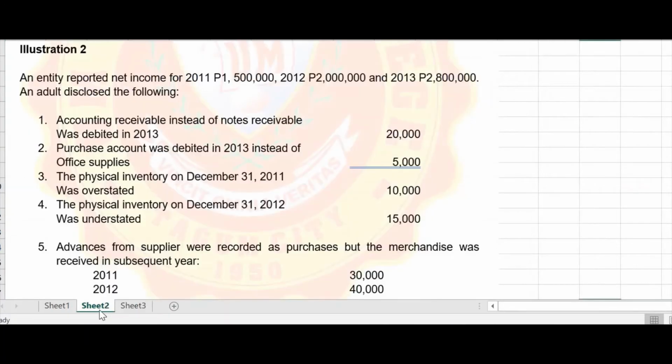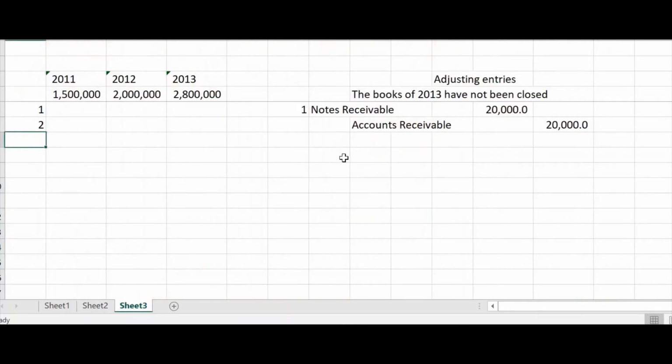So since purchases account was debited instead of office supply, so yung adjusting entry niya is to debit office supplies, credit purchases. Okay, for 5,000. Okay.